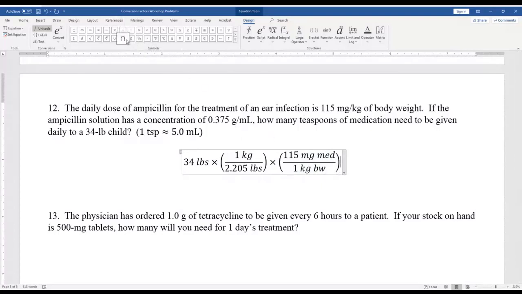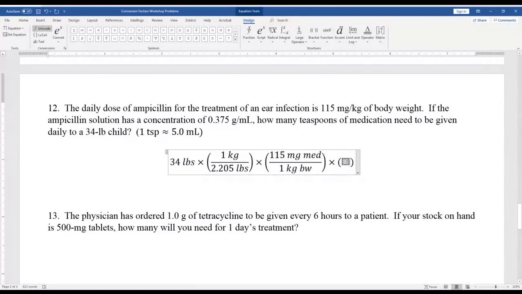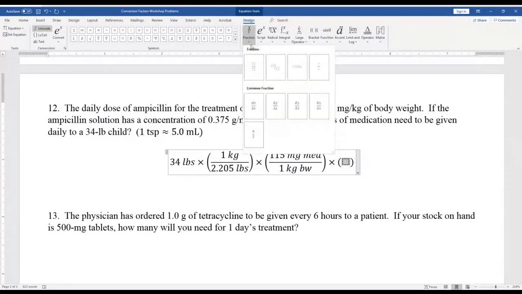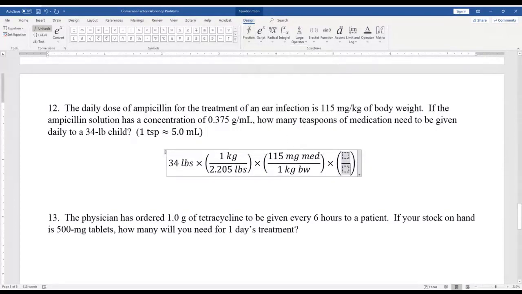All right. And next, we need the teaspoons of the medication, so we're definitely not done yet. We have milligrams of medicine. What's the next step? What can we convert milligrams to? Grams? Very good. And that one's not obvious, because the only thing that relates the volume, you're getting teaspoons, right?